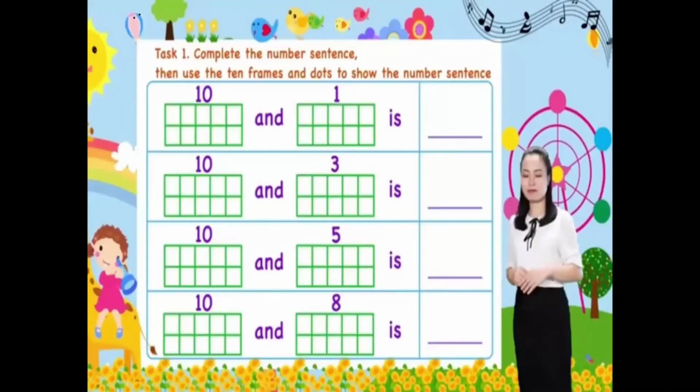So here you have to complete the number sentence and then use the ten frames and dots to show the number sentence. Pause the video while doing this activity and resume after completing it. I will do the first one for you. To show this number sentence, we'll draw 10 dots in ten frames.